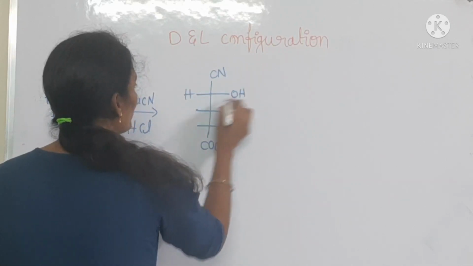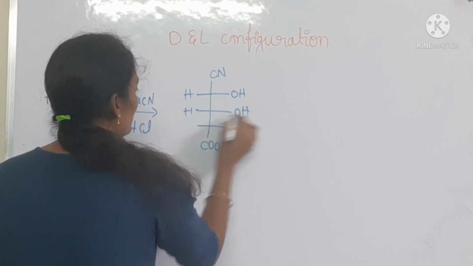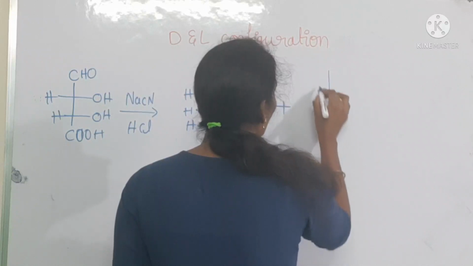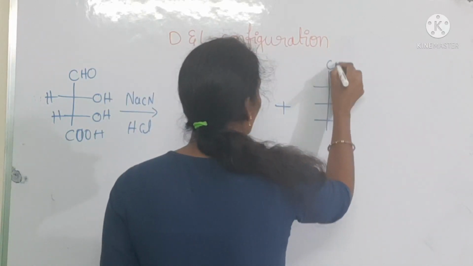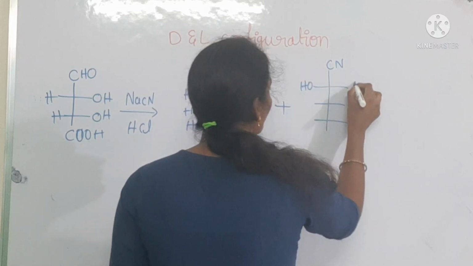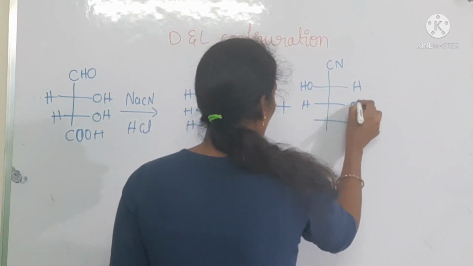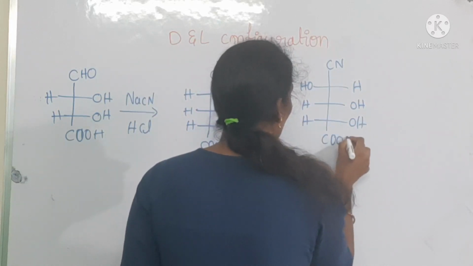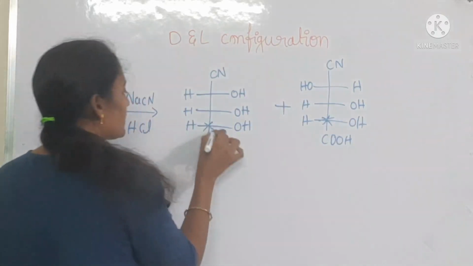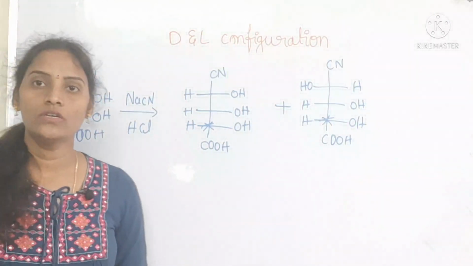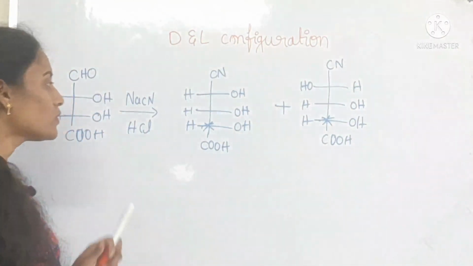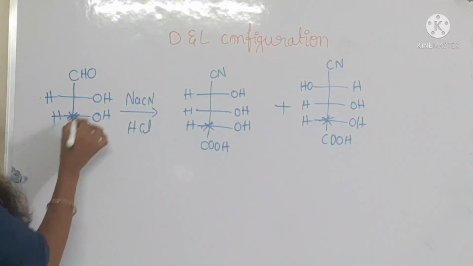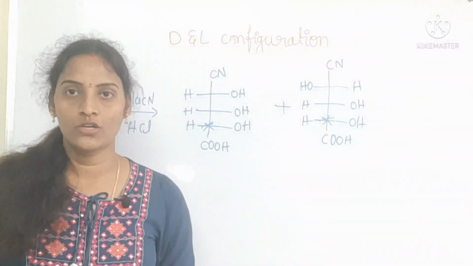This aldehyde group will be converted into an alcoholic group. At that carbon, the OH group may be either on the right side or the left side. But there is no disturbance at the bottommost asymmetric center of the newly formed two isomers. The bottommost asymmetric centers of these two isomers are the same as in the starting aldose.